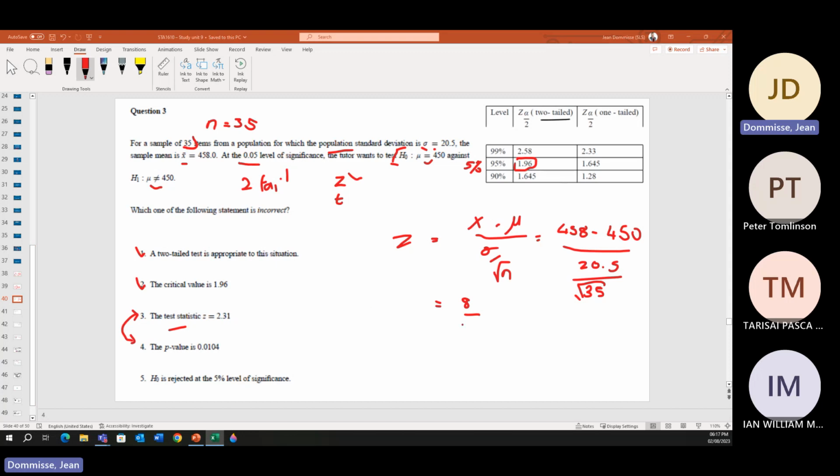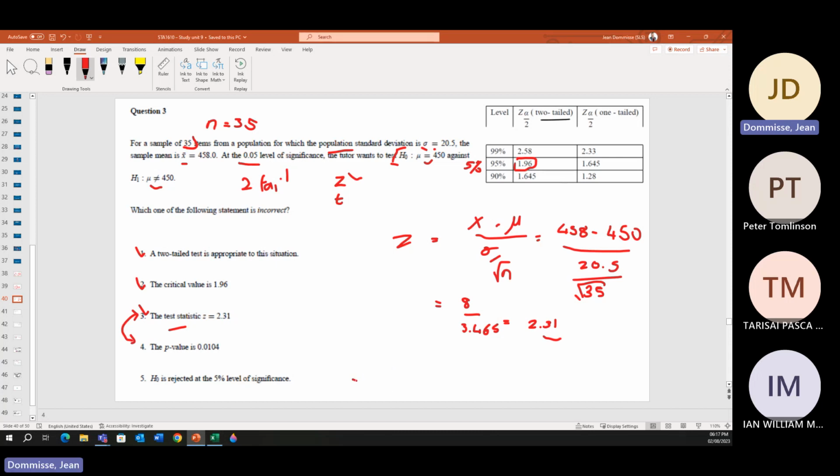So that answer, and I'm just going to round it off now, is 3.465. My final answer is 8 divided by that, which is 2.31. Okay, so my T-stat is correct, because that is what we've worked out.